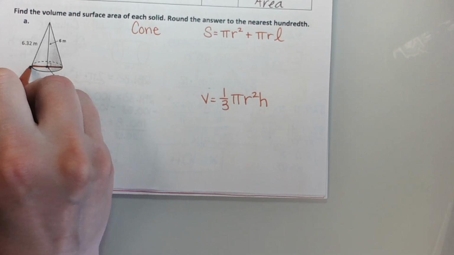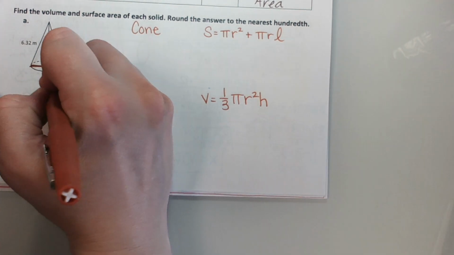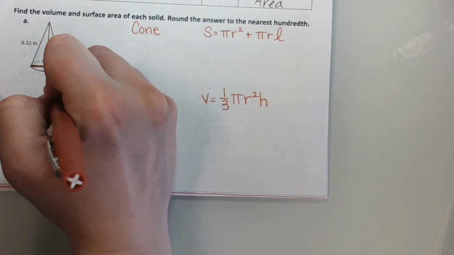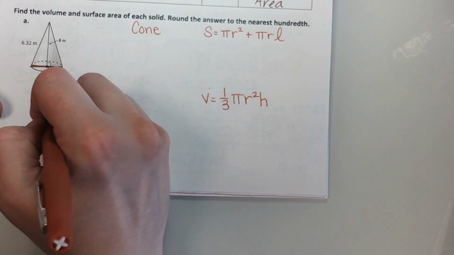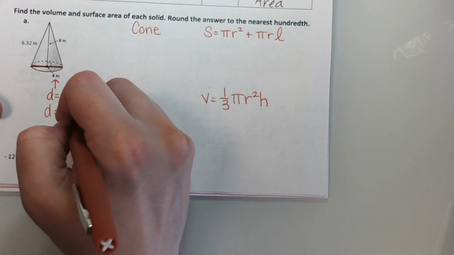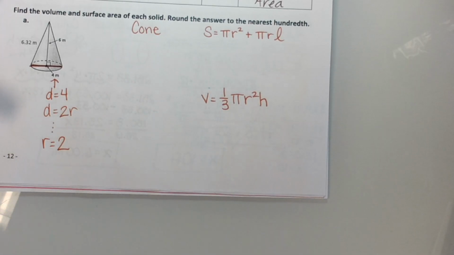Technically segment. It's pointing to this. What is that? Diameter. Do I want diameter? No. I want radius. So it's 2. Since the diameter is 2 radius, I can do a little bit of math and say, okay, my radius is 2.